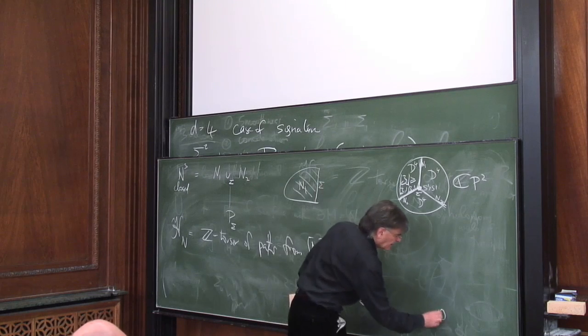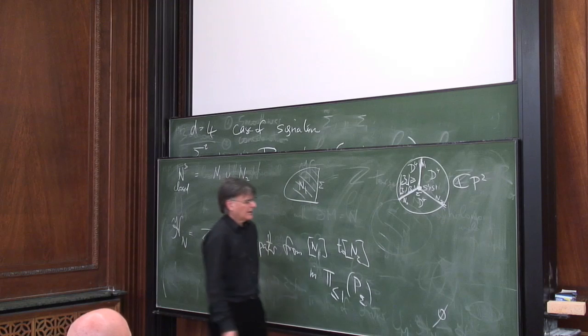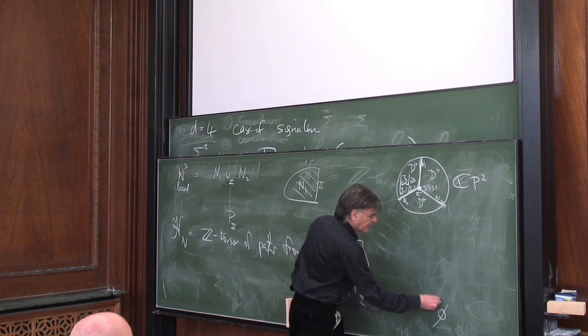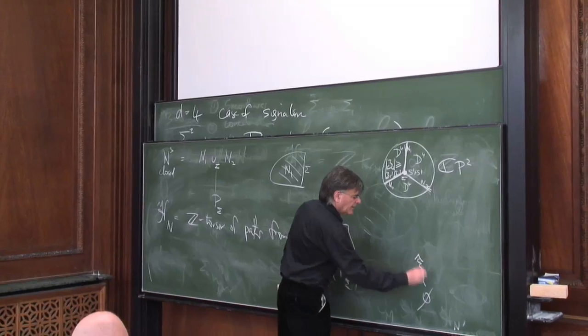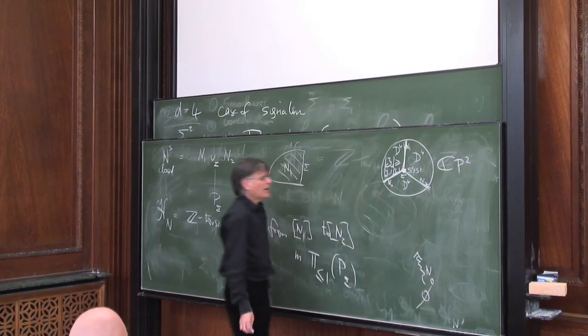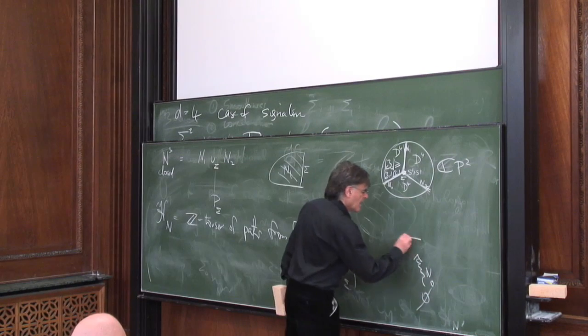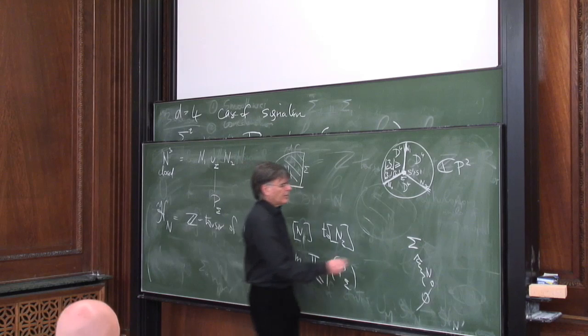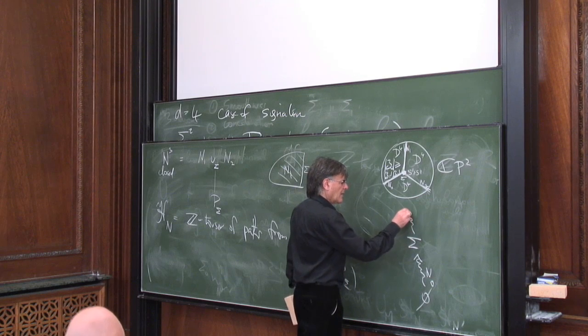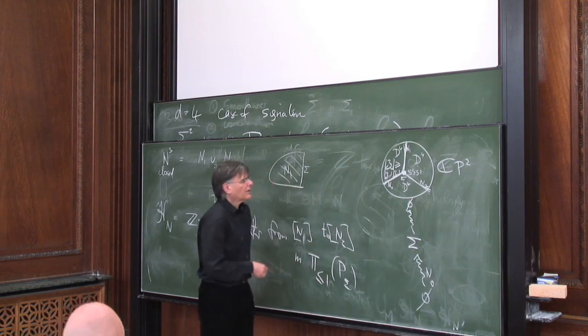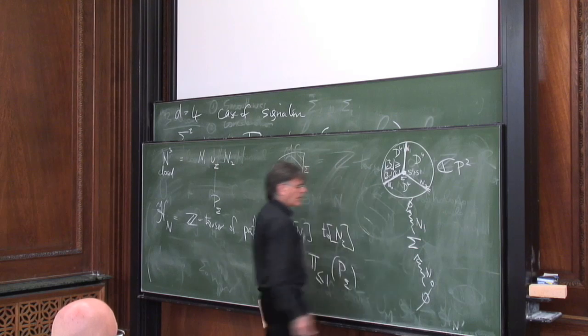We'll think of starting with the empty d minus 2 cobordism, and then do a cobordism n0 to sigma, and then we will do a cobordism n1 to the empty manifold.